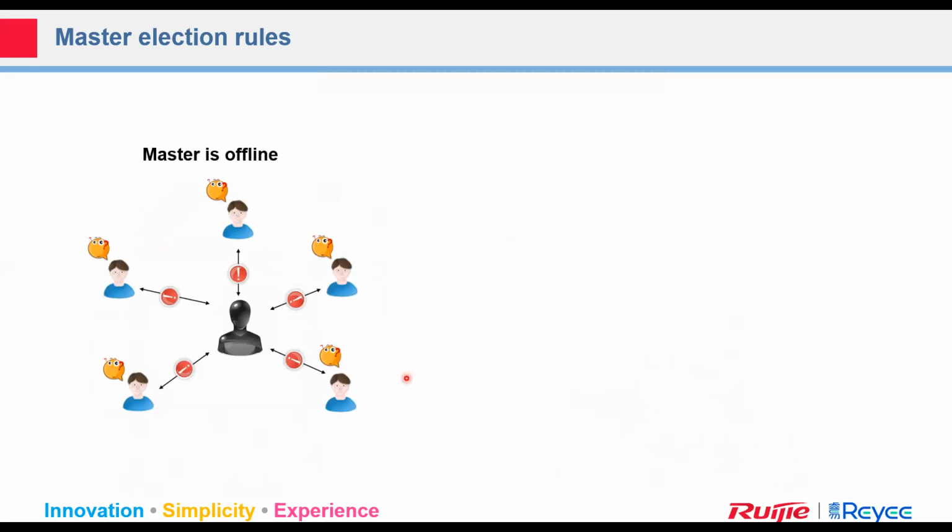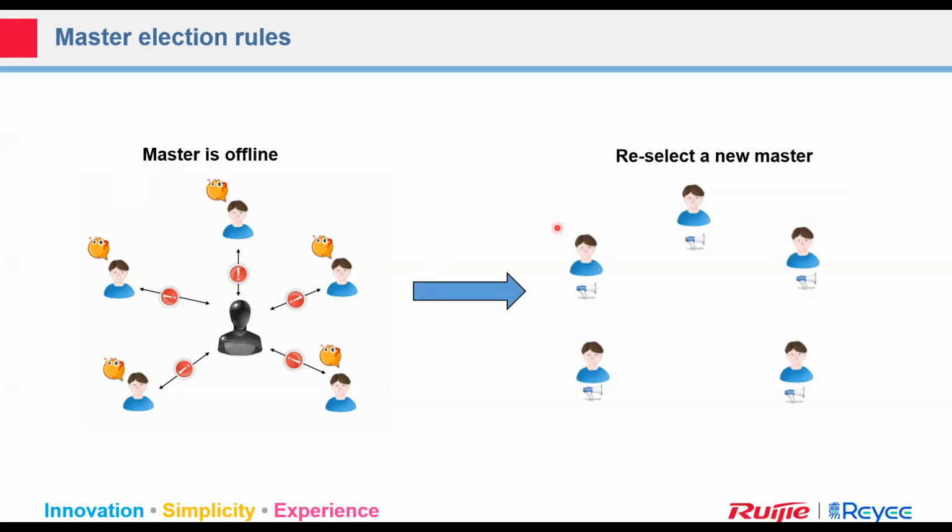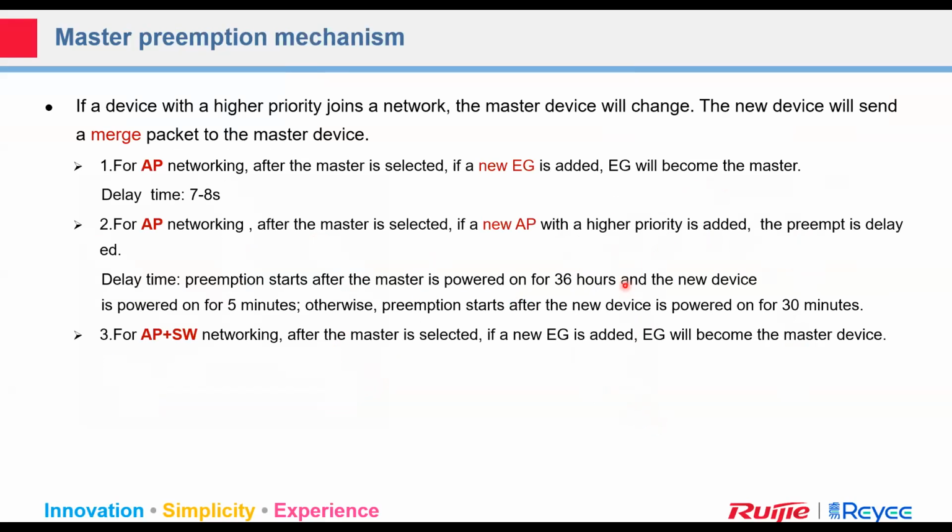So what happens if the master is offline? They will elect a new master. What is the mechanism for this? If a device with a higher priority joins a network, the master will change, and the new device will send a merge packet to the master device.